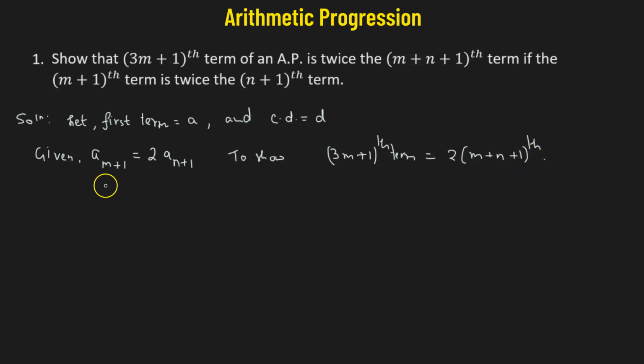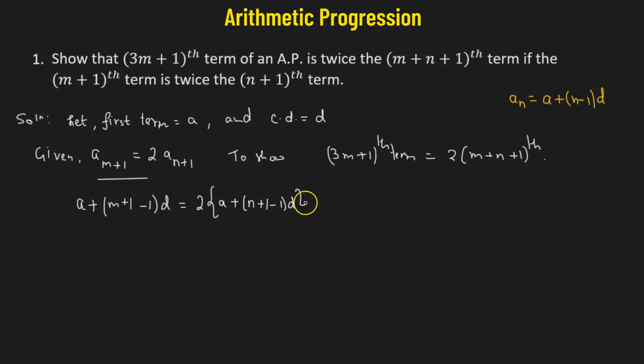So first we'll start with whatever has been provided to us. Here we will use the general formula for finding the nth term of an arithmetic progression, which is given by a, the first term, plus n minus 1 times the common difference d. This means the m plus 1th term will be a plus, in place of n we have m plus 1, minus 1 times d. This equals 2 multiplied by the n plus 1th term, that's a plus n plus 1 minus 1 times d.